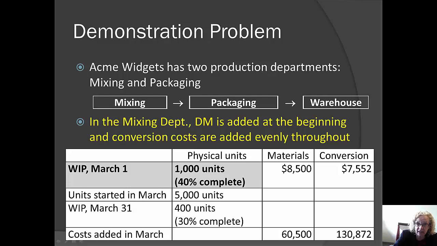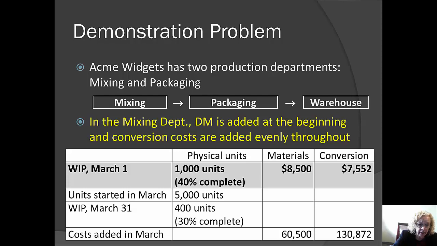Therefore, any unit that is started already has all of its direct materials. If it's not finished, it's because it's not finished the conversion process. And we have records of the total cost of the materials and the conversion that were added to this work in process back in February. So this is where we start at the beginning of the period.